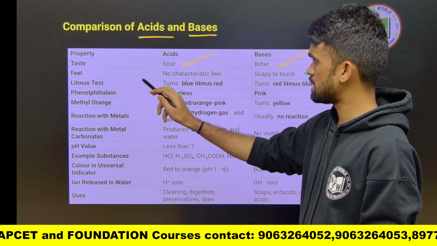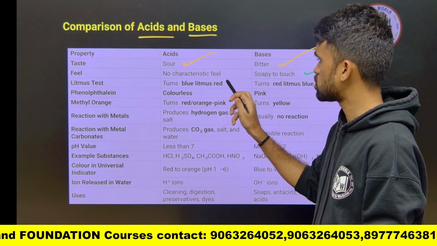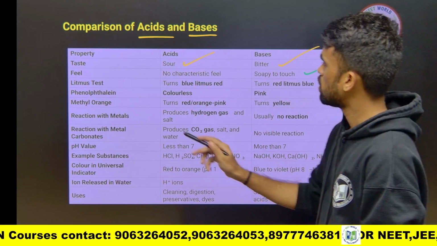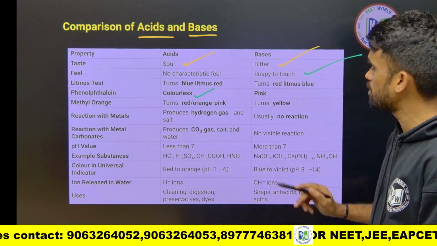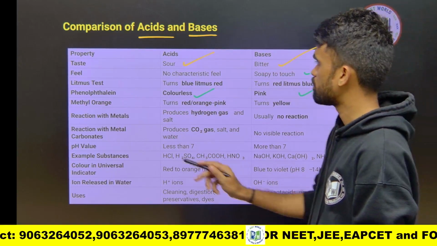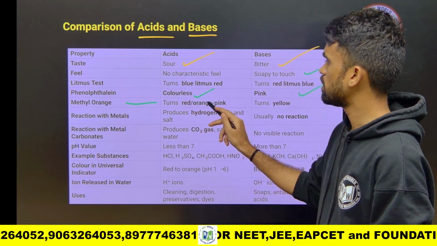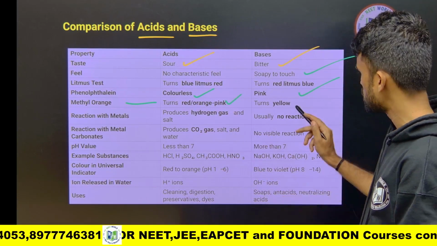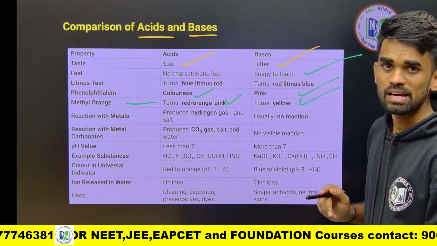Next, litmus test: acids convert blue litmus to red, and for bases it is the reverse, red to blue. Phenolphthalein is colorless in acidic medium and pink in basic medium. Methyl orange is red or pink in acidic medium, and in basic medium it converts into yellow color.